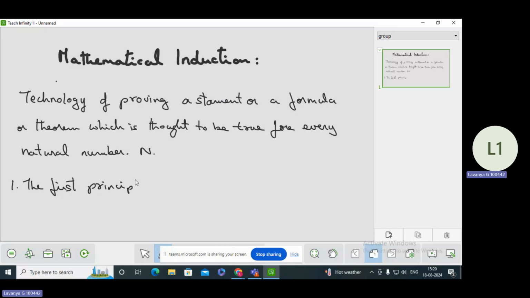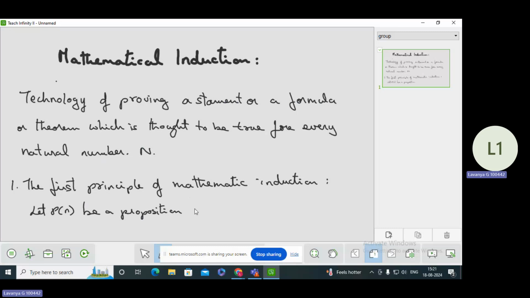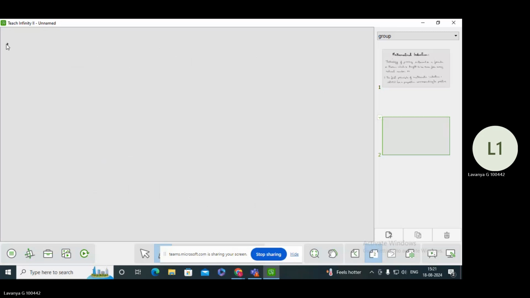The first principle of mathematical induction says, let P of n be a proposition corresponding to positive integers, say n.